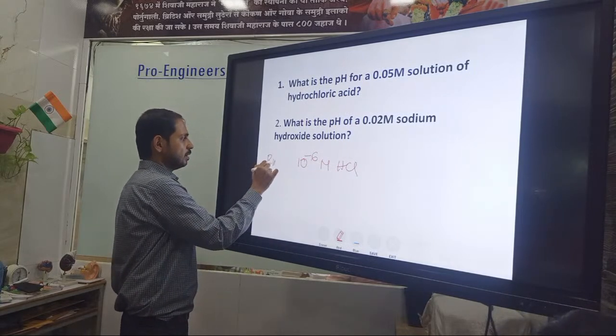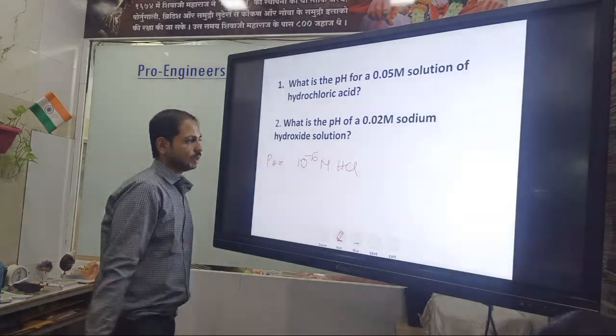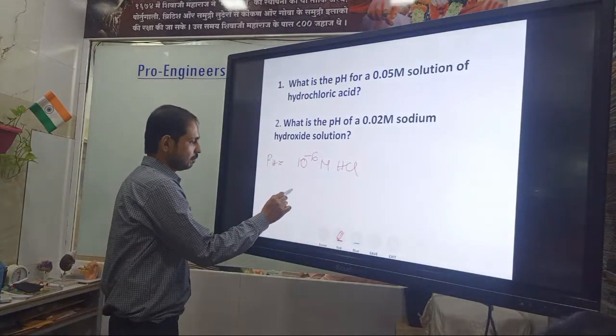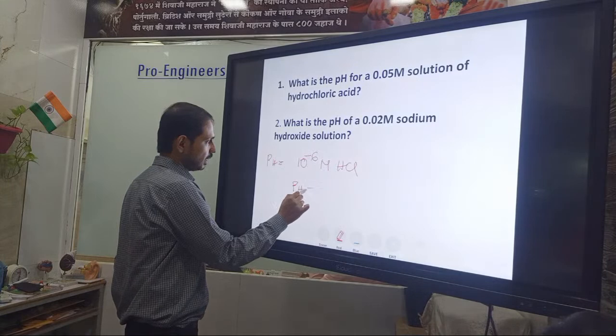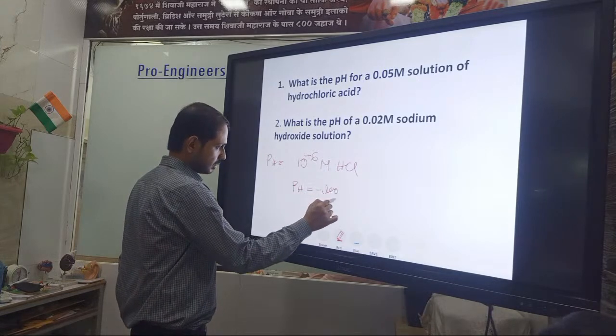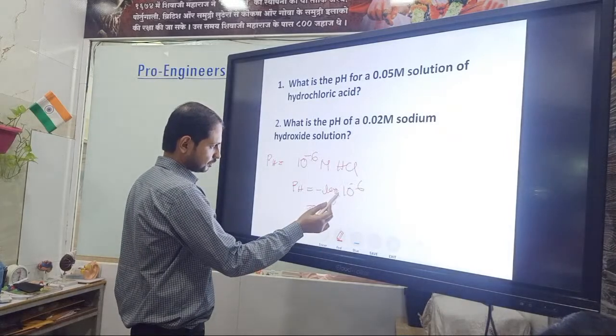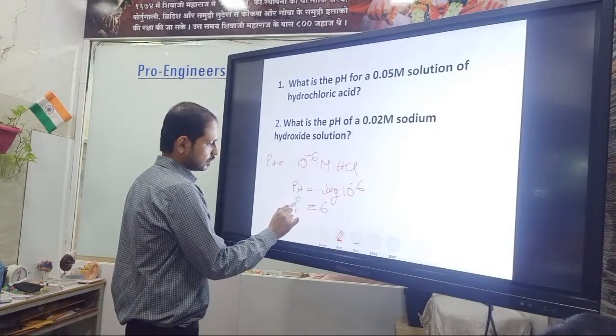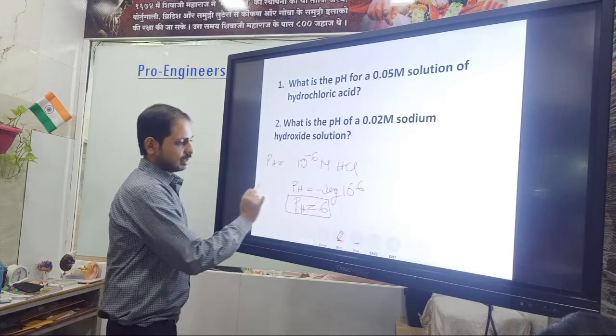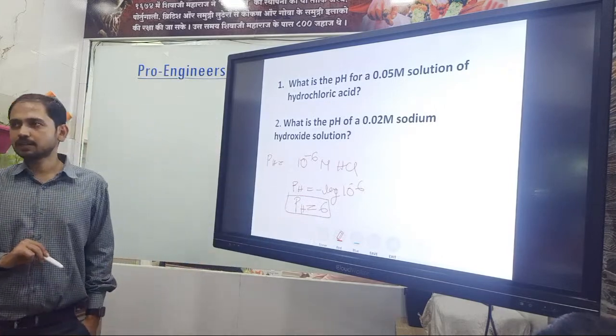What will be the pH of 10 to the power minus 6 molar HCl solution? That is very simple. pH is equal to minus log H plus, that is 10 to the power minus 6. We will get 6. So pH is equal to 6.